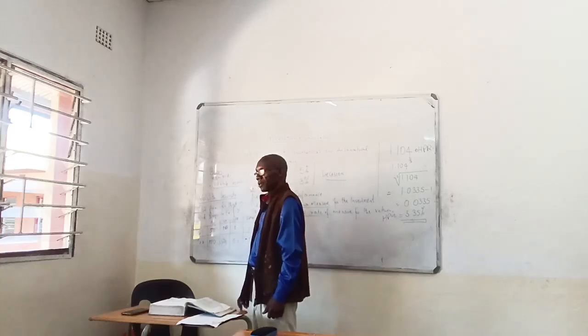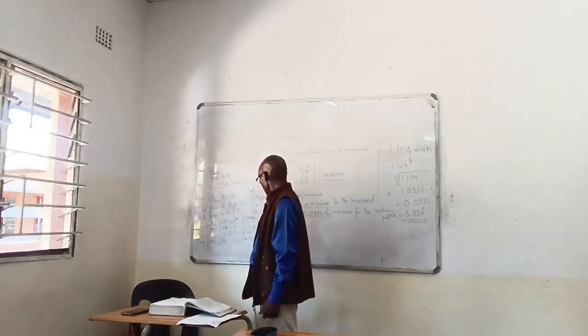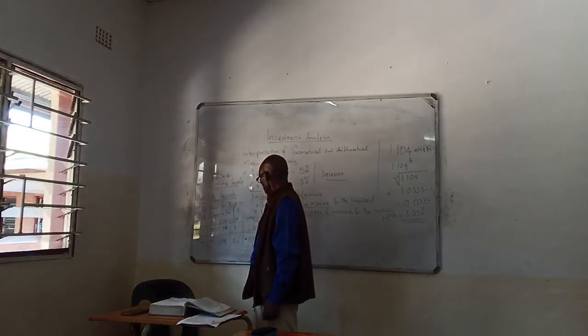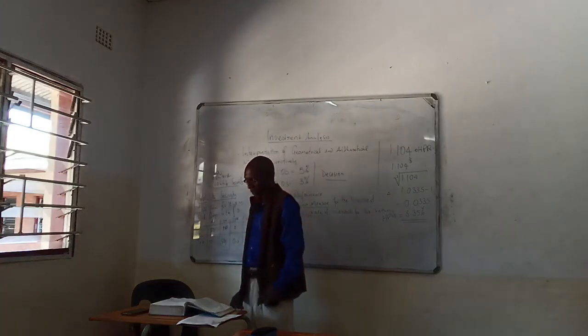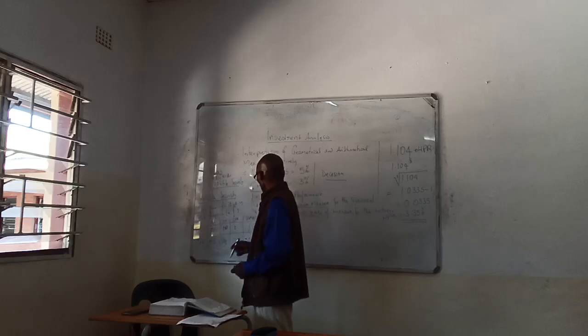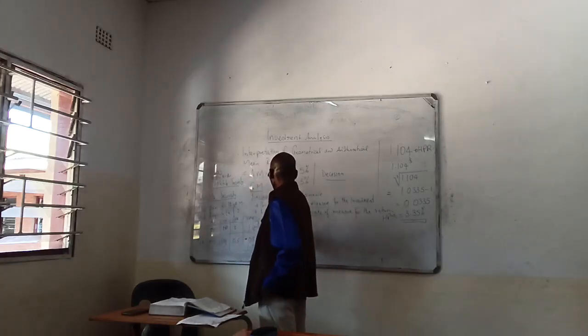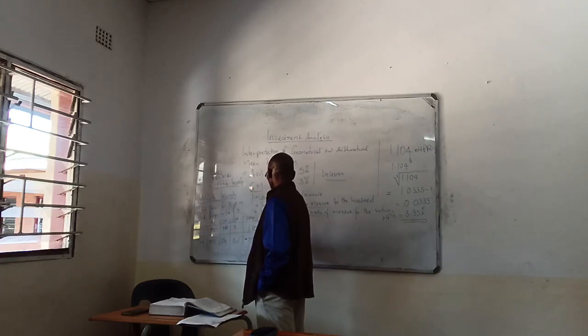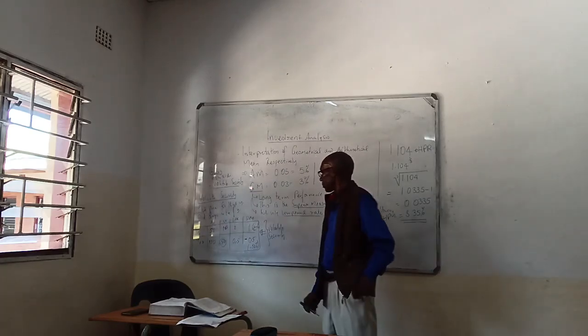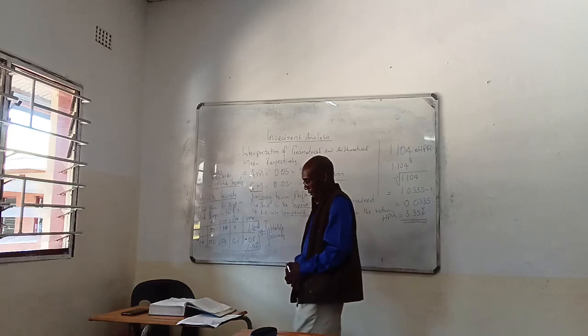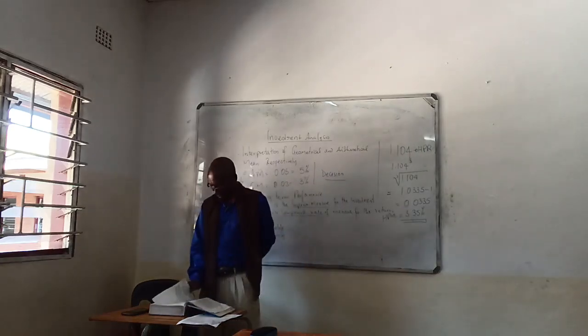It's a loss, which is 0.5, which is negative 50%. What is happening here is what is called a volatile security.